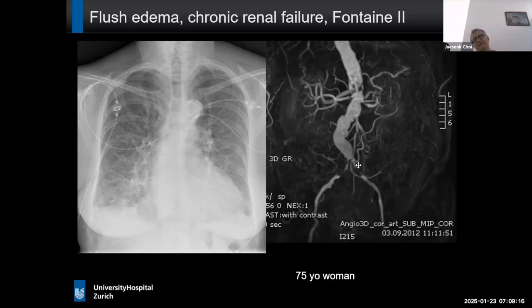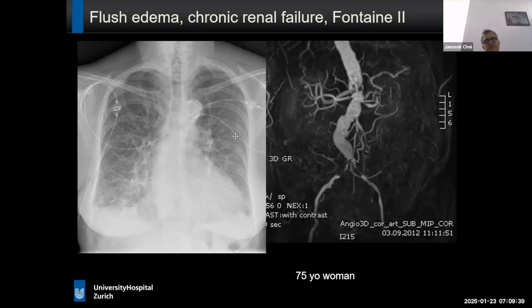Therefore, we have that artifact here. But those times, maybe they didn't look at the aorta well enough. As you can see here, suprarenally, there's a high-grade stenosis, that's black here, and there is a stenosis of the left renal artery.